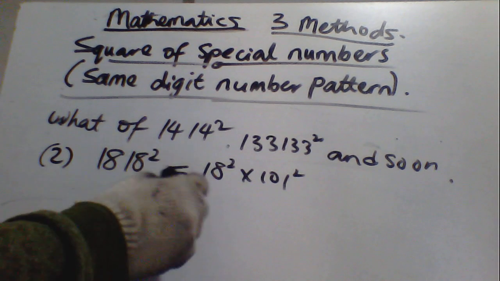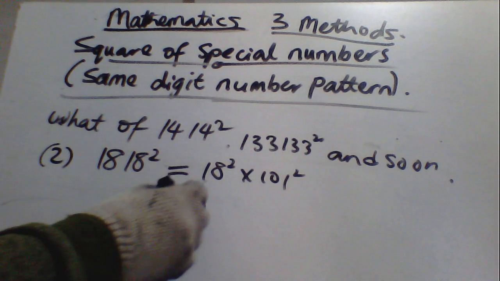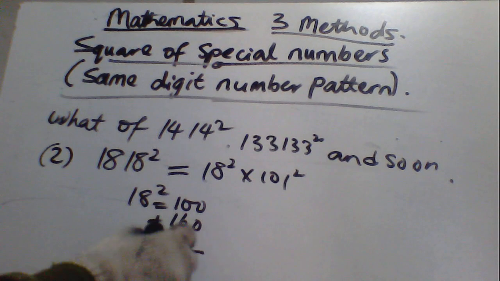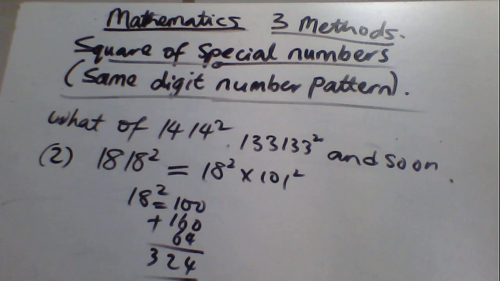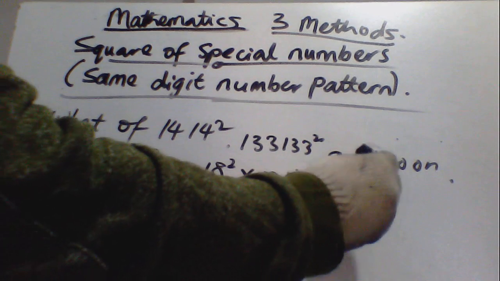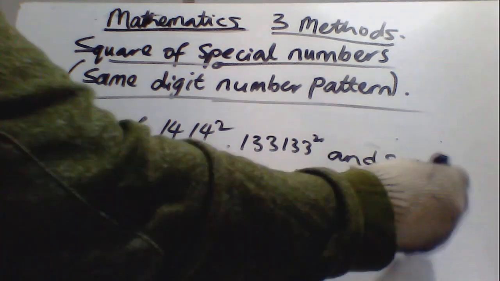Square this one, times it by 100. 1 times 8 will give us 8, times 20 gives us 160. Square the last one, 64. You add up, this gives us 324. Very easy. So here you have 324 times 10201.